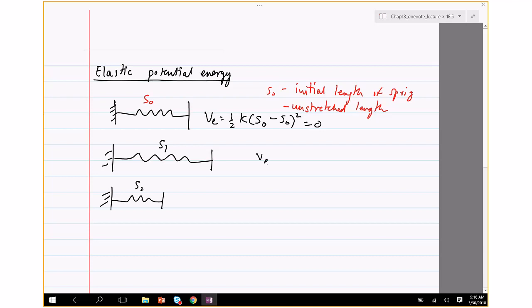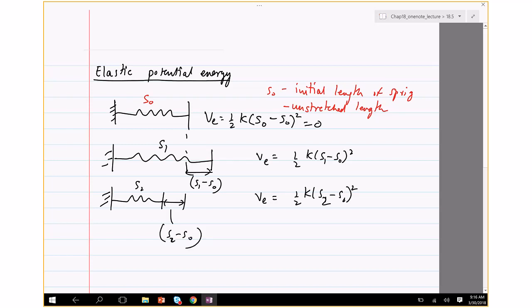The potential here is going to be half k (S1 minus S0) squared, and the potential due to compression is also going to be half k (S2 minus S0) squared. In other words, this length here is S1 minus S0, right? And this length here is going to be S2 minus S0.